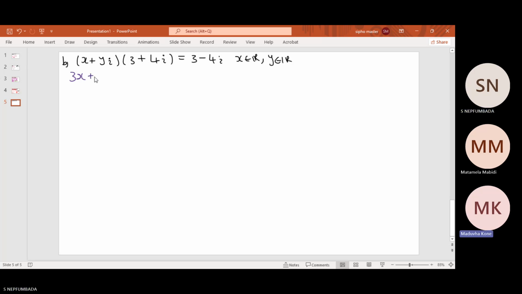Plus 4xi plus 3yi plus 4yi squared, which is equal to... I told you that you don't take things from the right to the left or from the left to the right. Are we good?